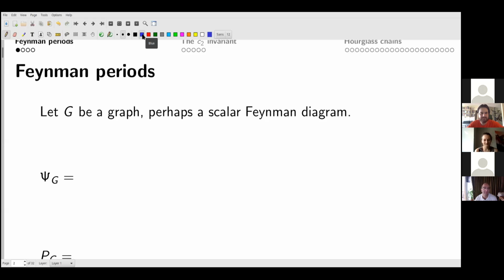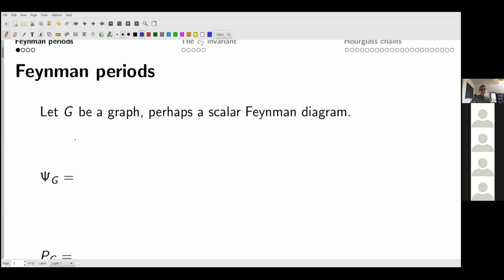So what is my overall context? I want to start with a graph, and the graphs that I'm most interested in are these ones where K is some 4-regular graph and G is K with 1 vertex removed.